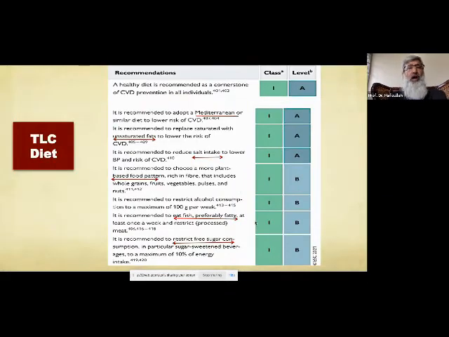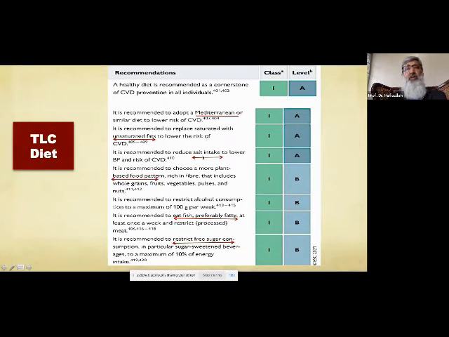A few words about the diet and then about the exercise. Most of it revolves around having a healthy diet. So a Mediterranean or similar diet should be used to prevent cardiovascular disease. It is recommended to replace saturated with unsaturated or monounsaturated fatty acids to lower the risk of cardiovascular disease.